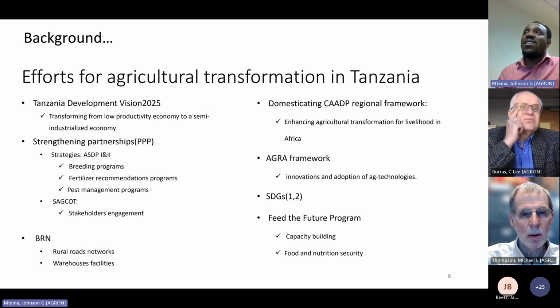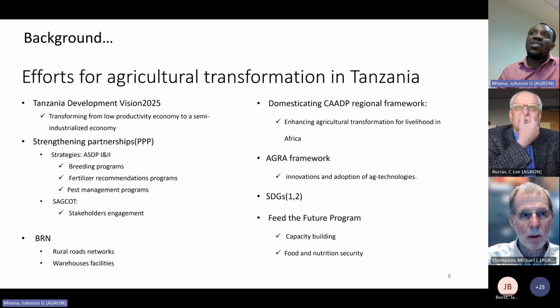The call of CAADP to African administrations is to make sure that they allocate at least 10% of their budget to the agricultural sector to catalyze agricultural transformation, but also make sure that they attain an annual growth rate of the agricultural sector of 6%. The African administrations are also looking forward to implementing this at different levels. Right now, countries are still struggling with how best they can implement this kind of agreement, which was led in the region.